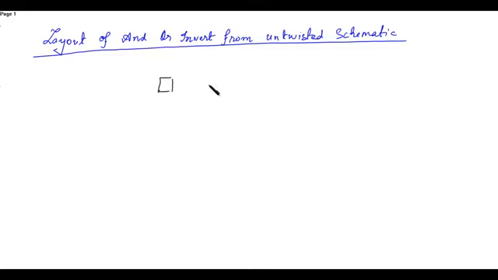This is one PMOS. This is the second PMOS. These two were in parallel with the third PMOS. So this is A, this is B, and this is C. These two are in parallel.